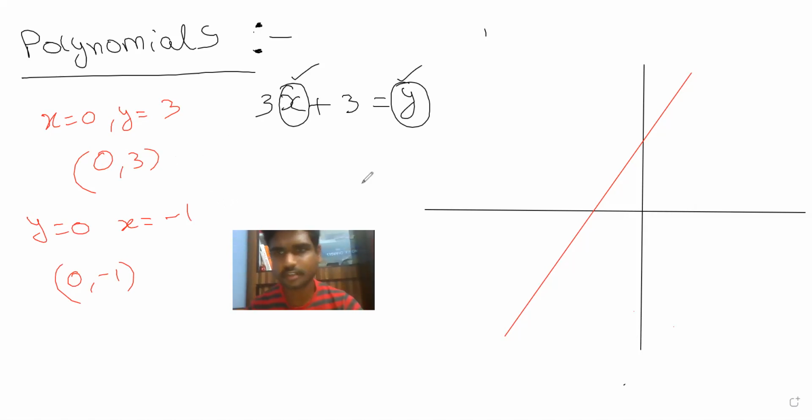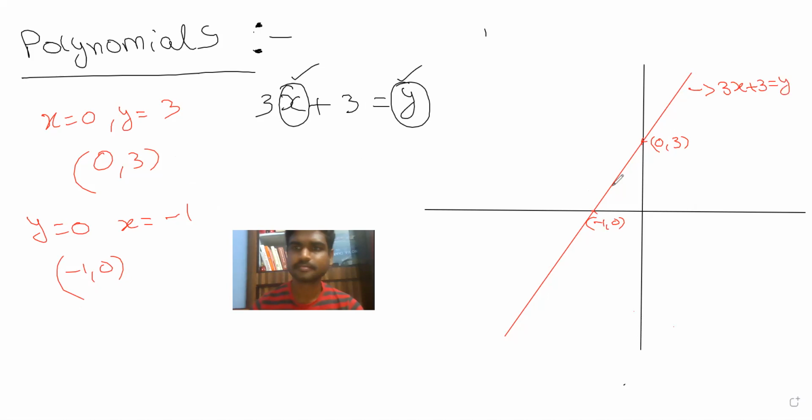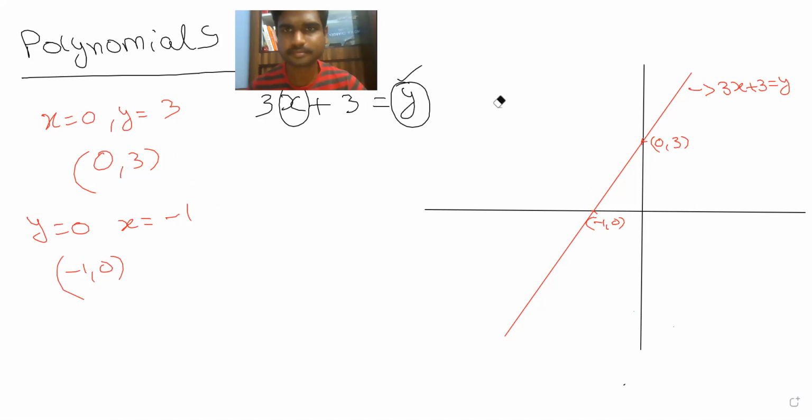If I draw these points, I will get this line, right? This red line is the representation of 3x plus 3 equals y, or y equals 3x plus 3.